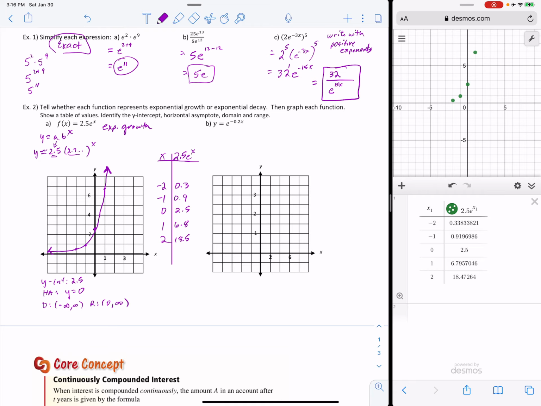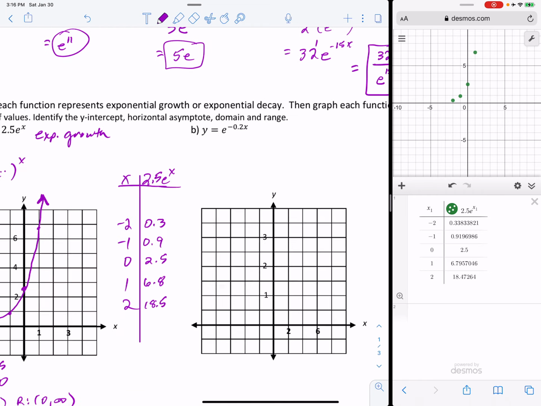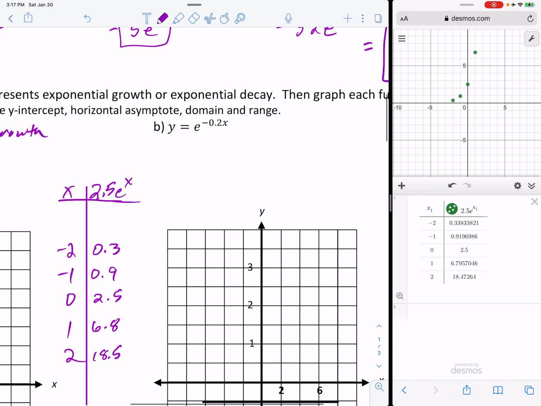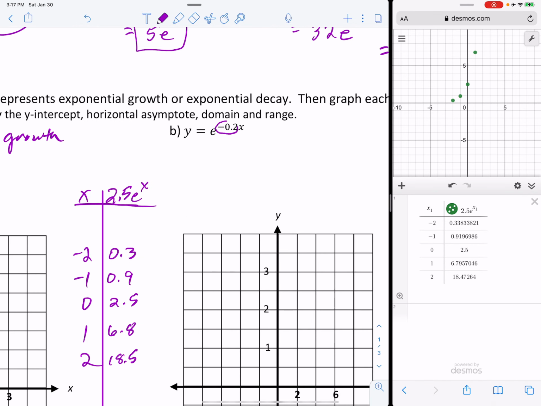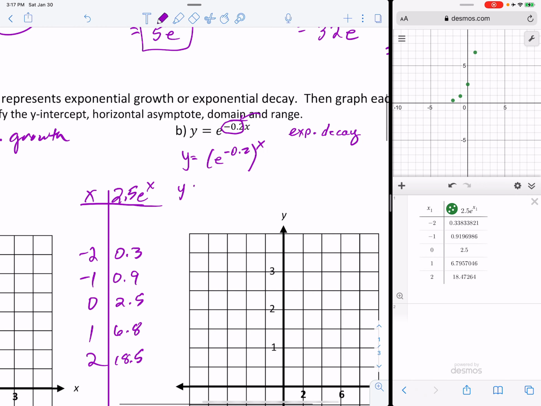Now, in this one, the base isn't just e because this has an effect on it. Basically, since this is negative, this is going to be exponential decay. The algebra on that is I can write this as e to the -0.2, to the x.